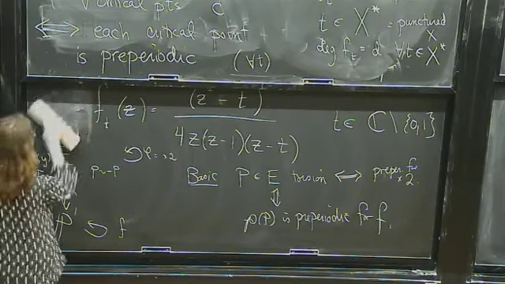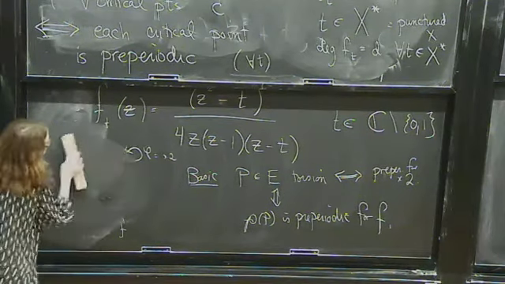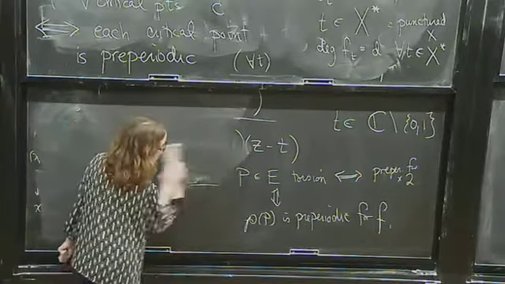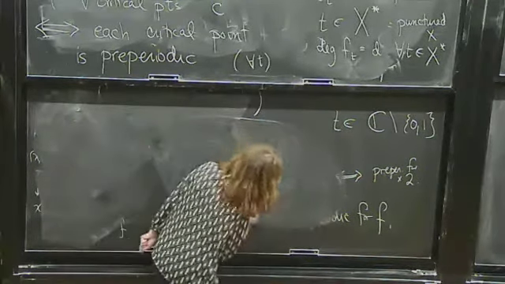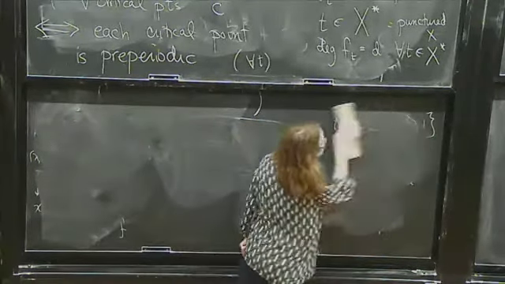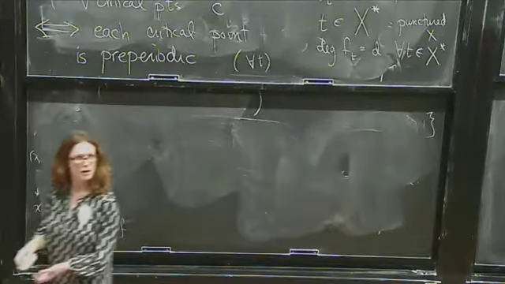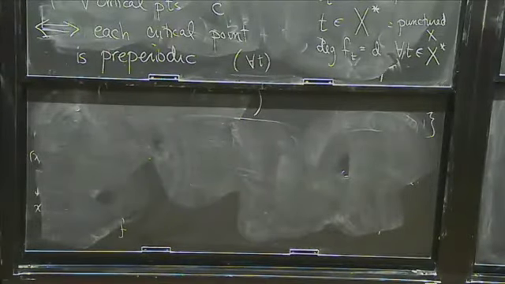And then he appealed to Thurston's work, Thurston's rigidity statement, to say, but then we know exactly what these maps are. They have to be lattice maps. In other words, they have to be descending from an endomorphism of an elliptic curve.